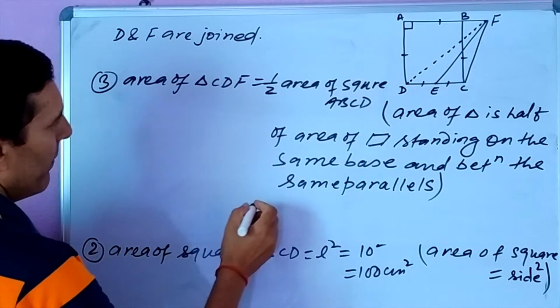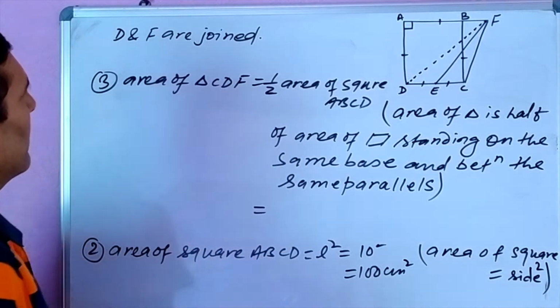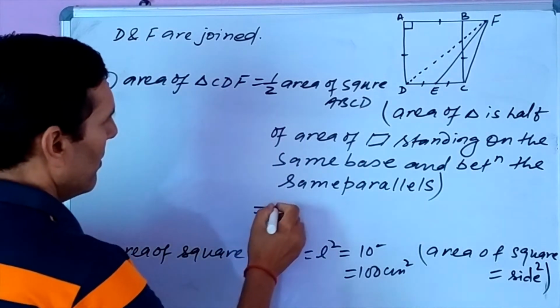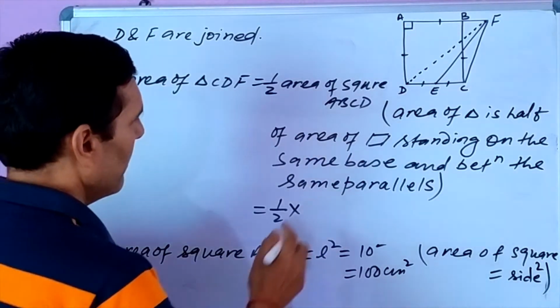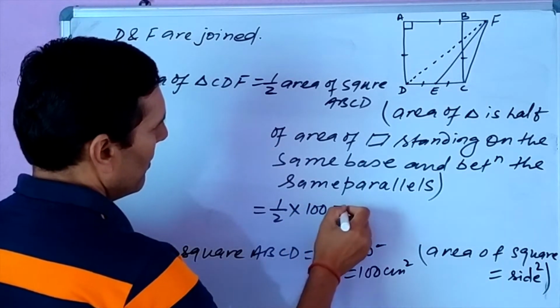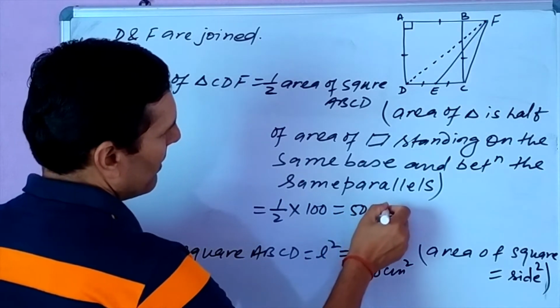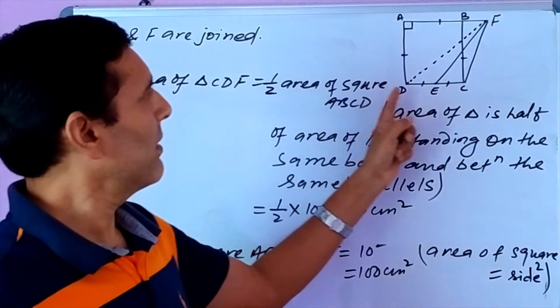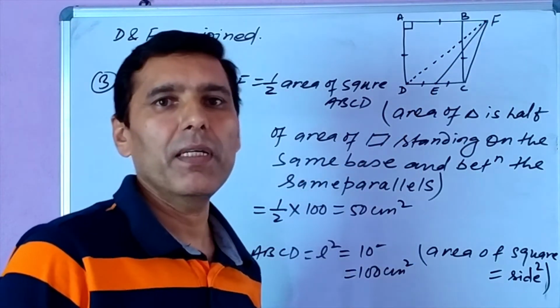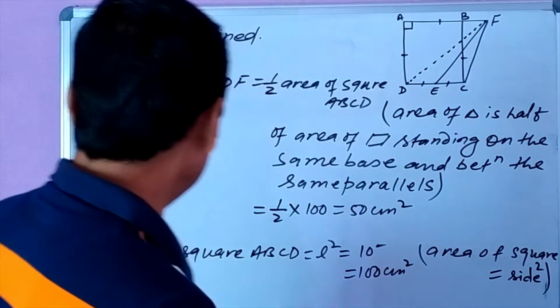So what is the area of this triangle CDF? 1 by 2 area of square, it is 100. So it is 50 square centimeter. So here we get area of triangle CDF. It is 50 square centimeter.